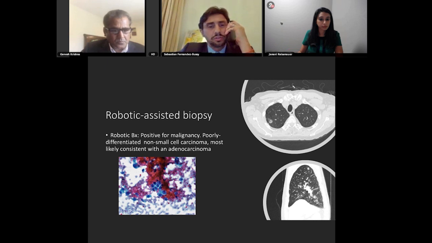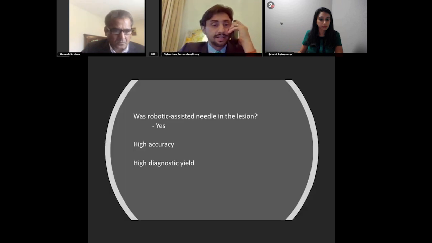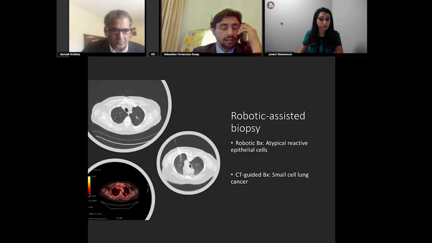So I would like to show you several cases to hopefully help us understand this concept. This patient had a right upper lobe nodule. As you can see, we did robotic assisted bronchoscopy, and we got the diagnosis of adenocarcinoma. So in this case, was our robotic assisted needle in the lesion? Of course it was. So we had a high accuracy and a high diagnostic yield.